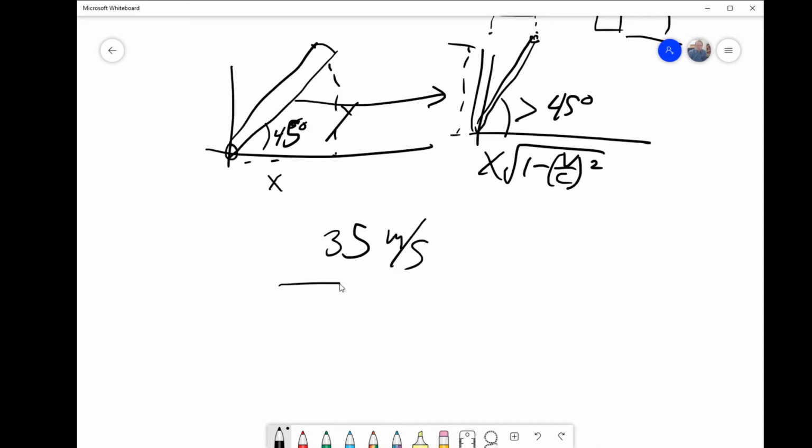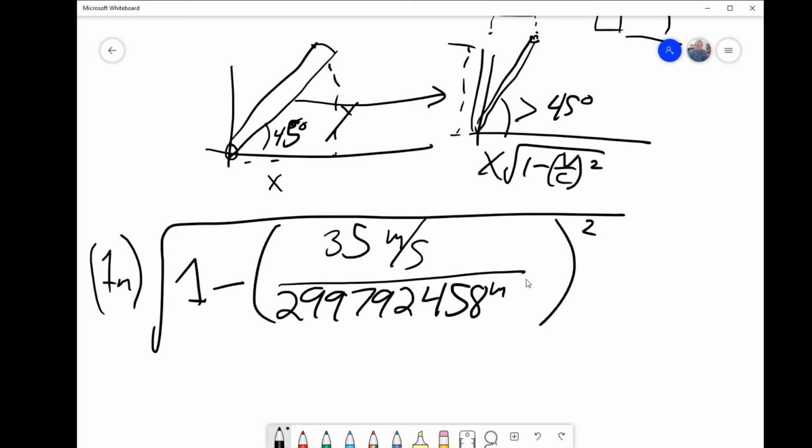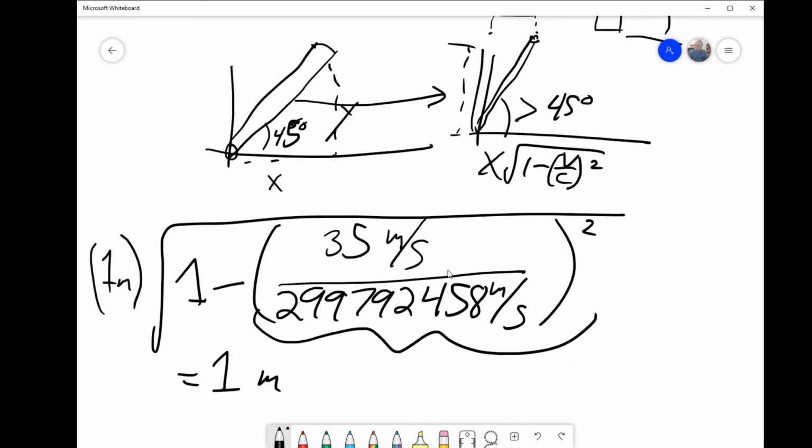Well, if we've got 35 meters per second, and we want to see what difference that makes in a 1 meter object, we take that 35 meters per second, divide it by the speed of light, 299,792,458 meters per second, square it, subtract it from 1, take the square root, and our 1 meter distance on the highway becomes, on a calculator that can support up to 13 decimal places, 1 meter.